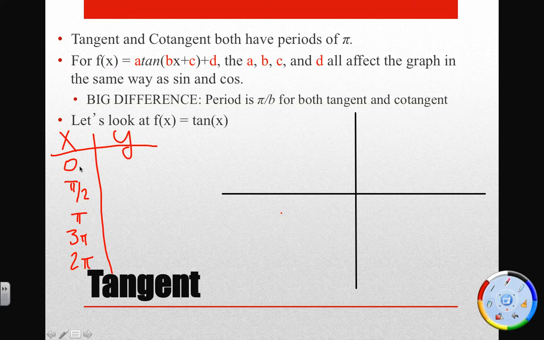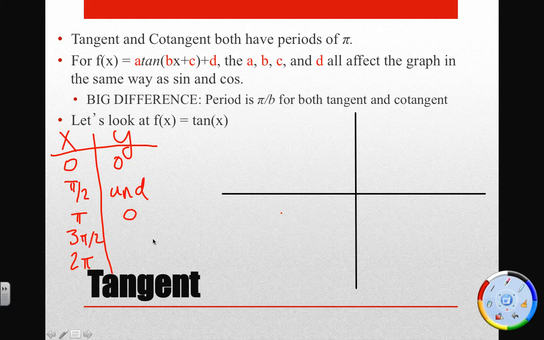Now, if we did the tangent of 0, you can just go to your unit circle and figure out that the tangent of 0 is 0. That's nice. Tangent of pi halves is undefined. Tangent of pi is 0 again. Sorry, this is supposed to be 3 pi halves.